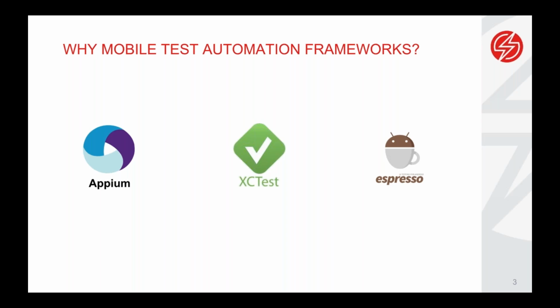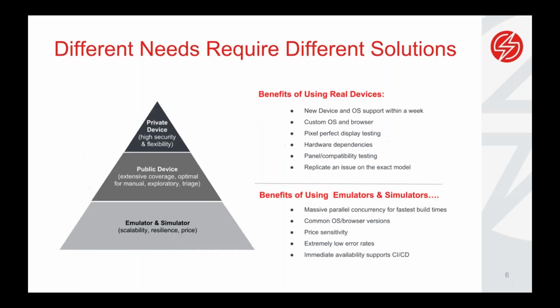So there are a ton of frameworks for mobile test automation that can be used. But today's focus, of course, is going to be on Espresso. The goal of using a test automation framework, just like if you're using any type of test automation tool or an additional framework like Selenium, is to make sure that your testing is much easier to build, much more reliable, and easier to maintain.